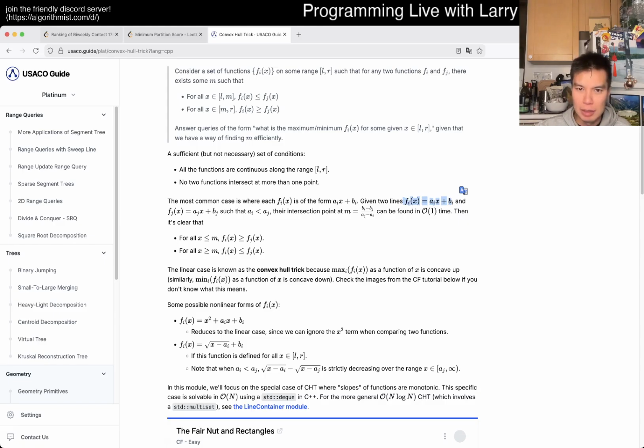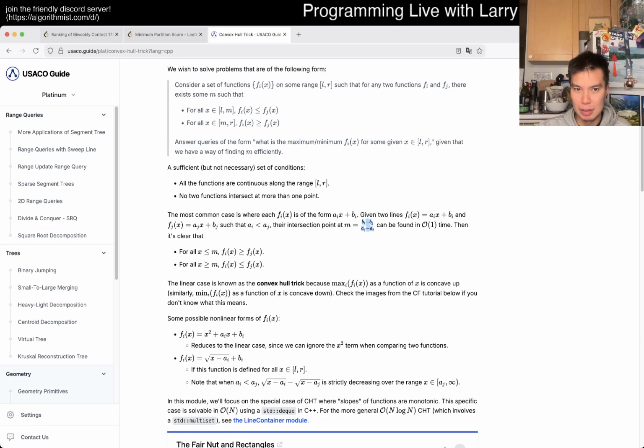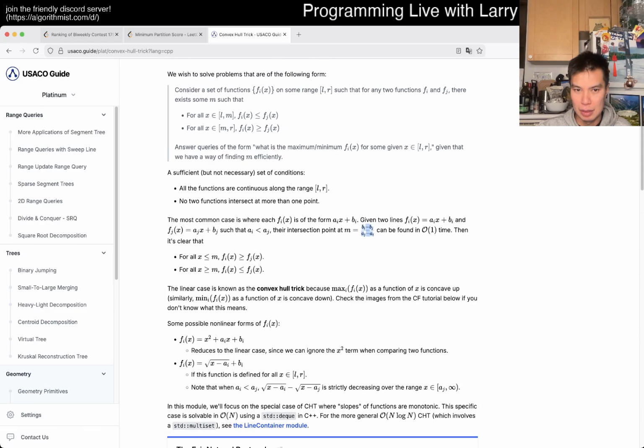Okay, maybe this is the part where I don't have any idea. Right? The intersection point. So we have a function. You have the two slopes. You want the slope for the left and the slope from the right, right? I have no idea anymore.